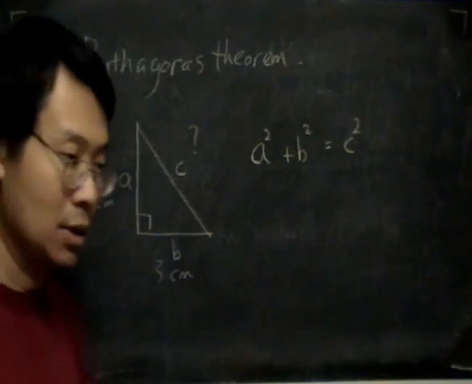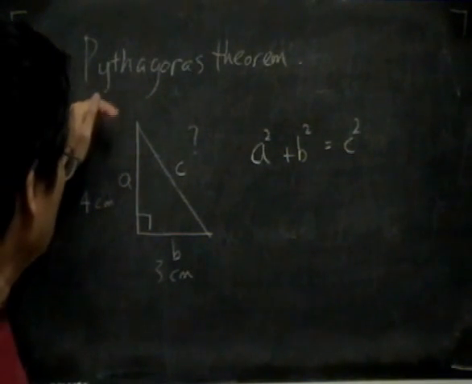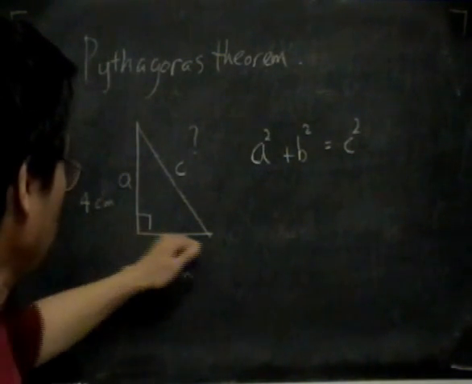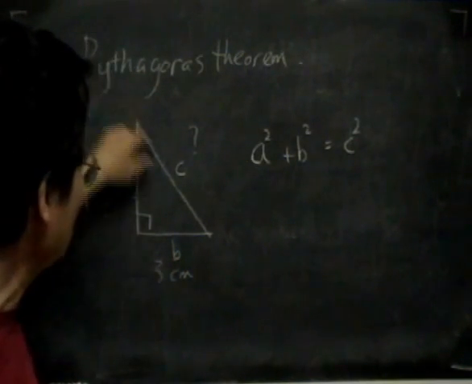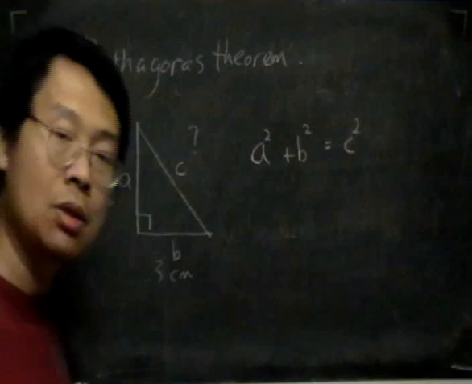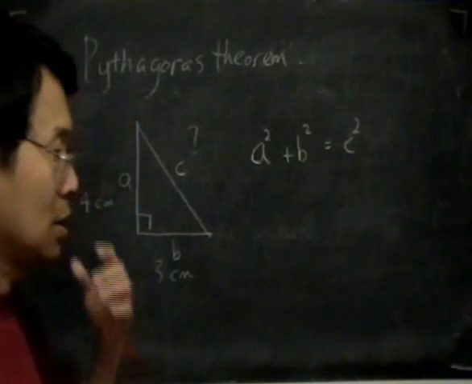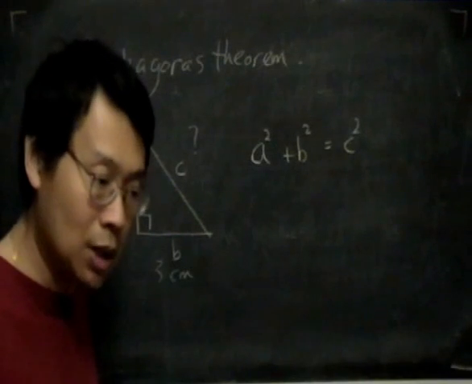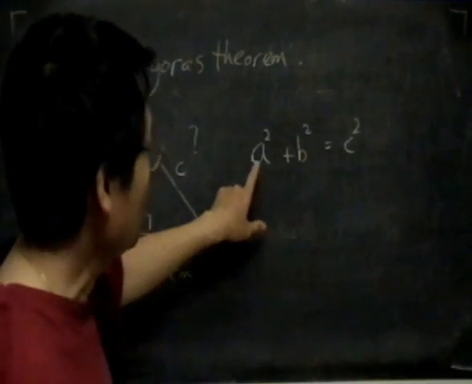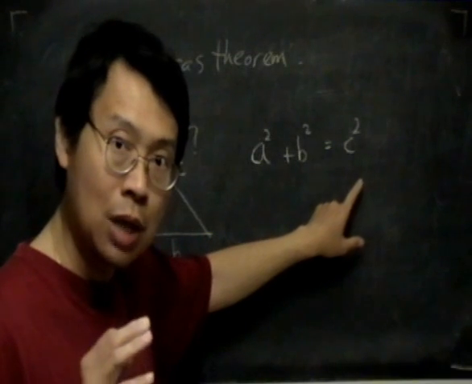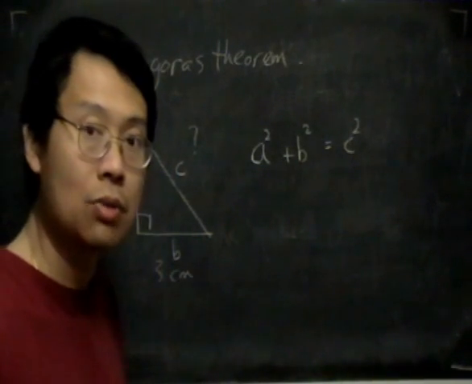So this could well be an exam question or a test question. Given that the two shorter sides are 3 and 4 centimeters, find the longest side of the right-angled triangle. In order to do this, we need to use Pythagoras theorem, because this theorem is an equation that relates all three sides of the triangle.